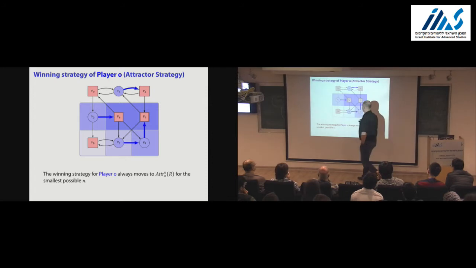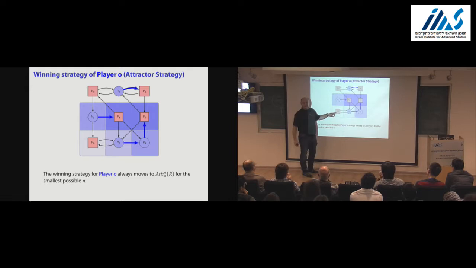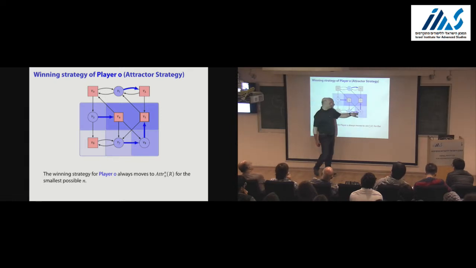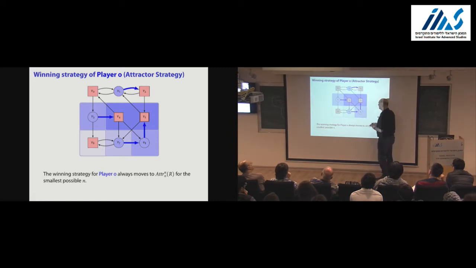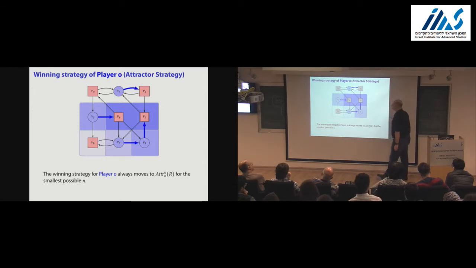So from V6, for example, which is the state that we added in the last step, so it's in the highest attractor, well, sorry, this is owned by the opposing player, so I don't have to say what the strategy does for this one. But V7 we added in the step before that, and we would play to V8. From V8, then we would play to V5, and V5 was in the 0th attractor because it's a goal state already, right?